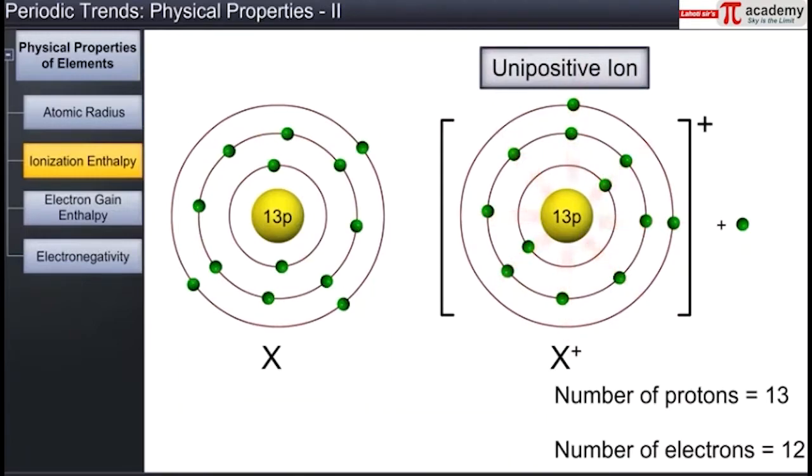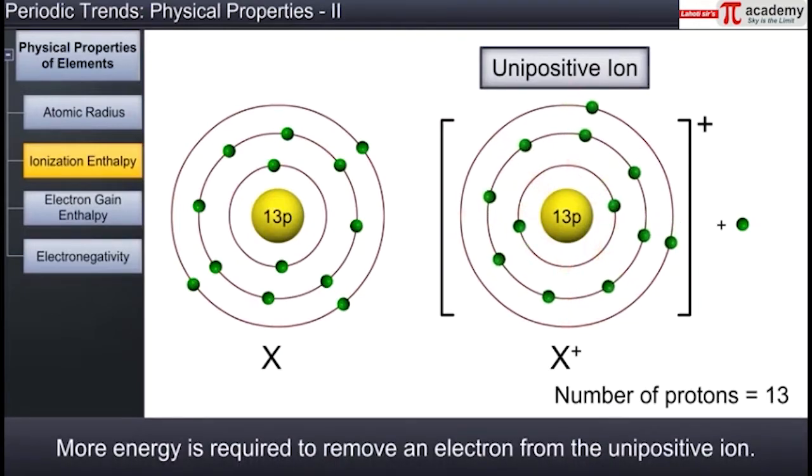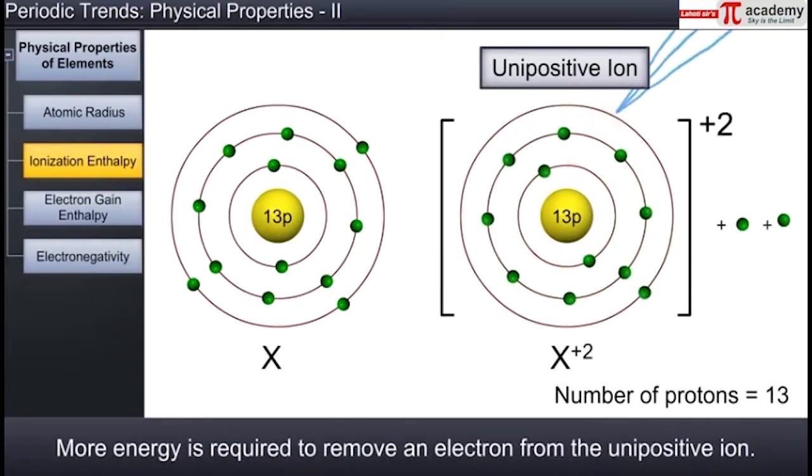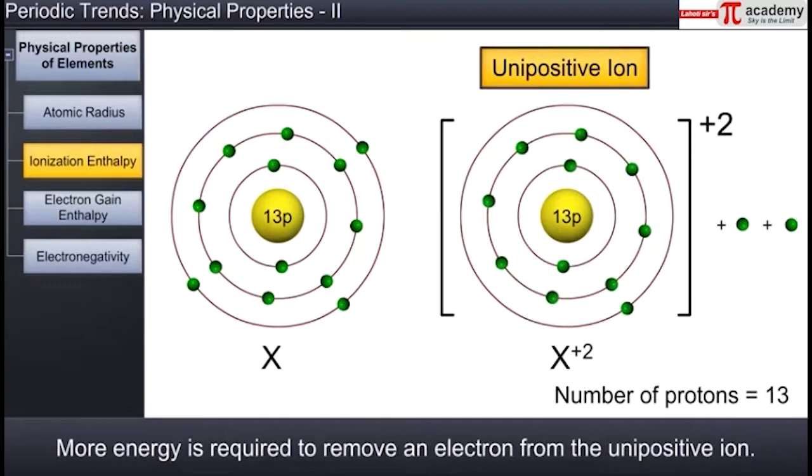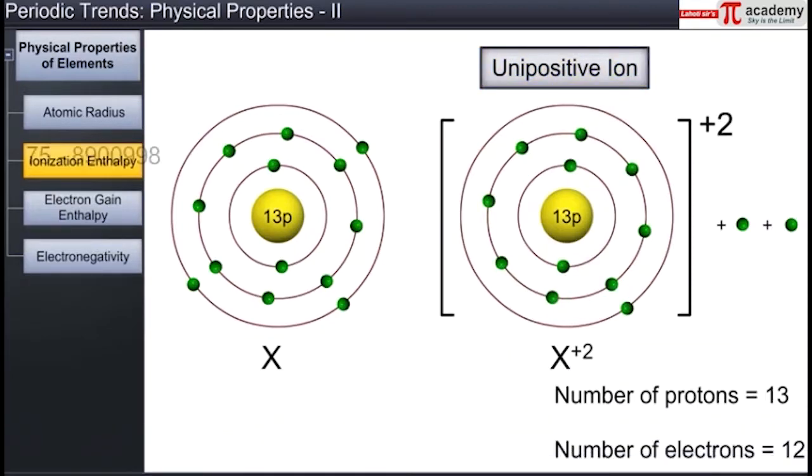Due to this, the nuclear attraction on the electrons increases, and hence more energy is required to remove an electron from the unipositive ion. The term ionization enthalpy, if not specified, is taken for the first ionization enthalpy.